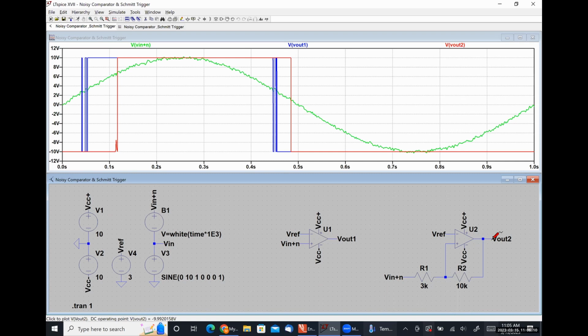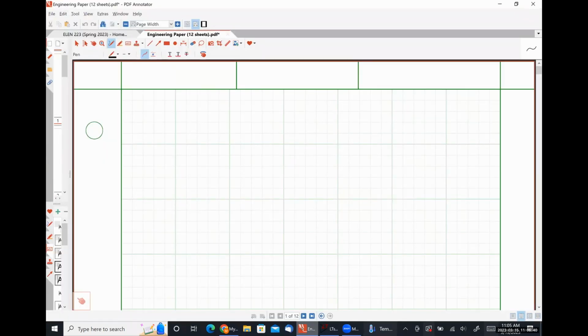So what we are going to do is analyze this circuit using our practical op-amp model and see if we can develop some sort of mathematical relationships to where we can predict where this upper trigger limit and lower trigger limit is, so that we can use that for the design of a Schmitt trigger circuit. Okay. So let's draw things out here.